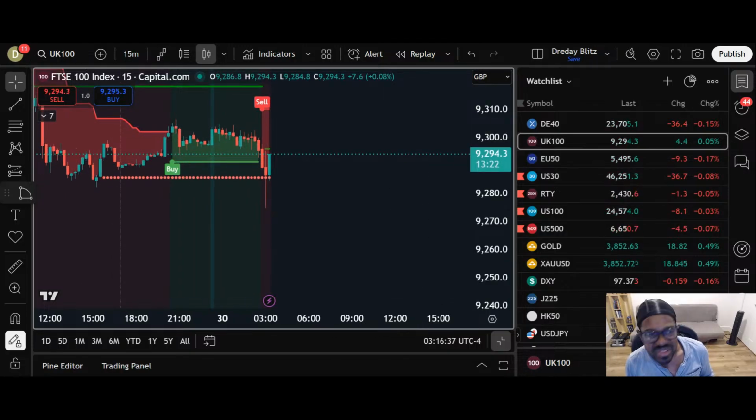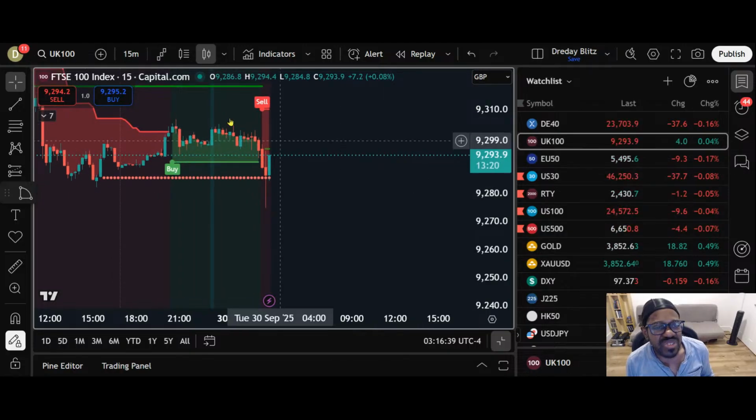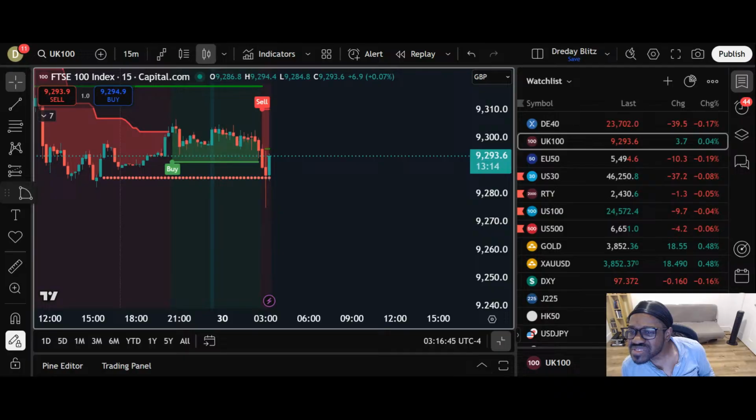So it did reject off of this level here. So it may start to reverse a little bit.